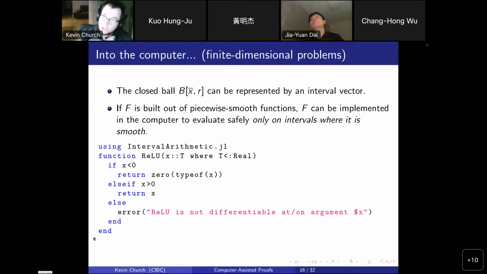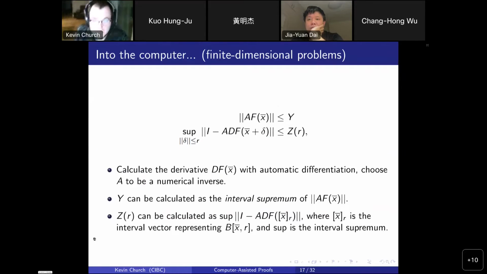So if we implement all of our functions such that they will only work and return no errors if we're evaluating them on a safe domain where the function is differentiable, then in fact these two bounds, Y and Z, can be calculated in some sense directly with interval arithmetic, because we can combine some other fancy machinery from automatic differentiation to calculate derivatives of f without actually implementing them.